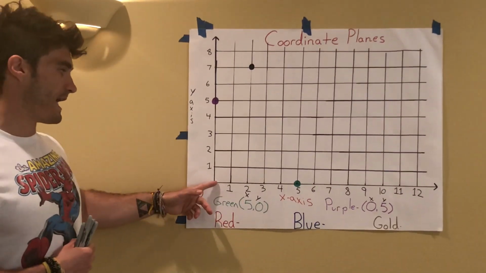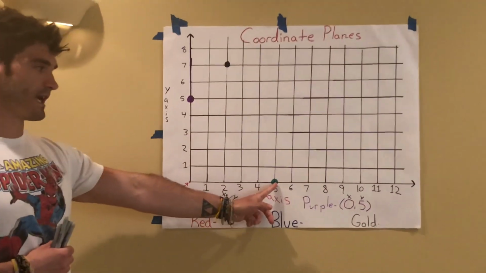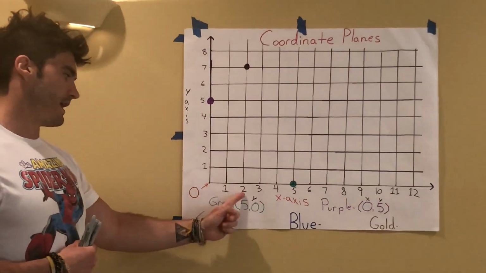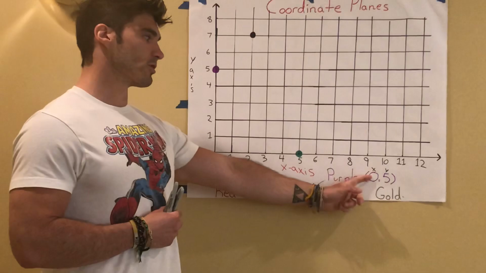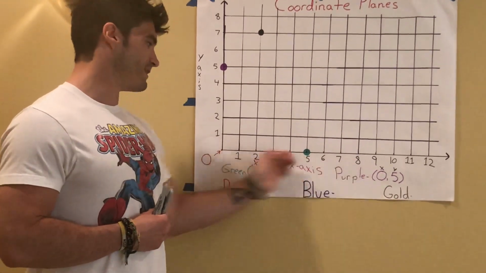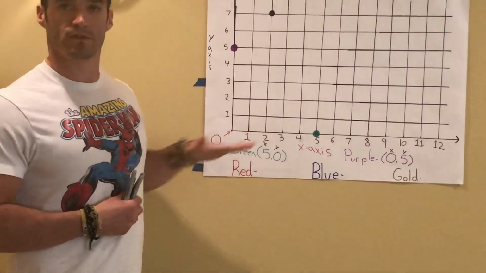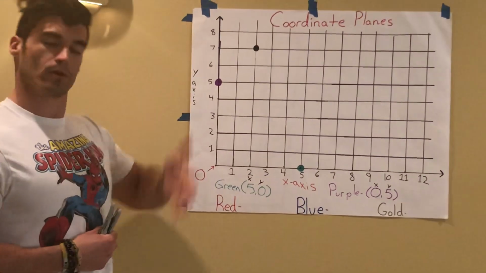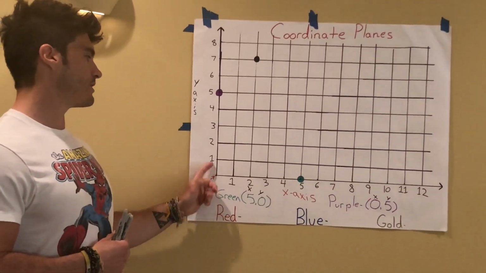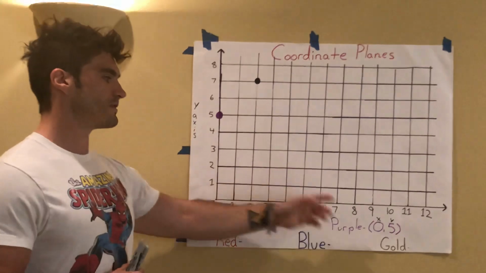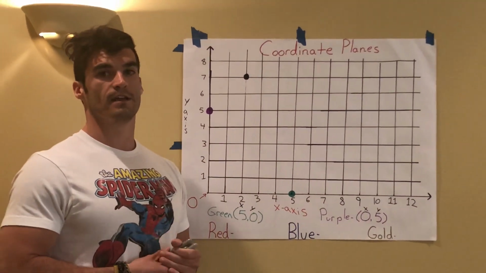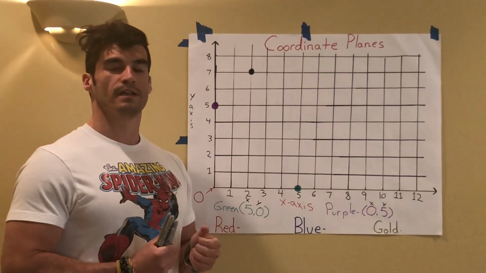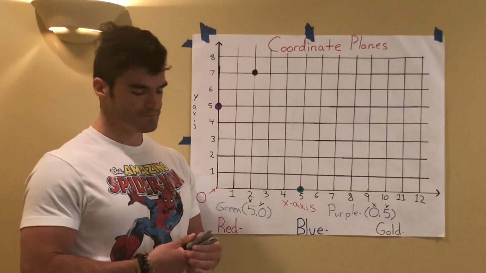So green, I had to go along the x-axis and I didn't travel upwards at all. X is 5, y is 0. Now for my ordered pair for purple, my x is 0 because I haven't traveled horizontally at all. I've only gone vertical. So I've only traveled up 1, 2, 3, 4, 5. So that's why it's (0, 5). I hope that clarifies that. That's a tricky one that always gets 5th graders.